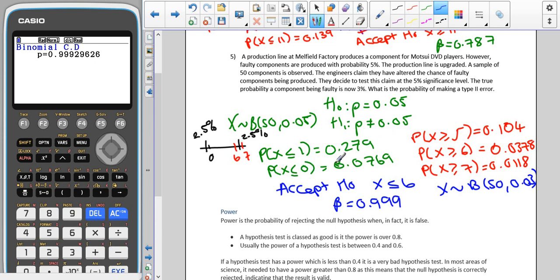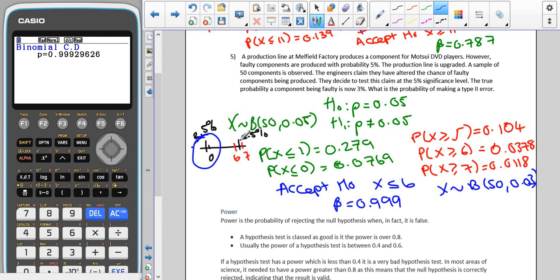So then I tried the probability of x being less than or equal to 0, or just equal to 0 you could have done, and that gave me 0.769. So that tells me that at this bottom end, even though we have a two-tailed test, there is no value that is small enough to say that it has decreased. So 0 is still not in my critical region, it's still in my accept H0 region.